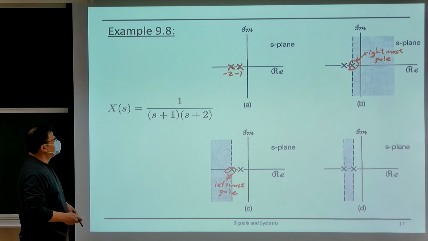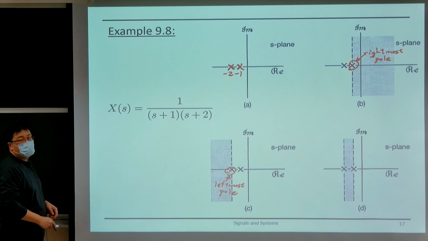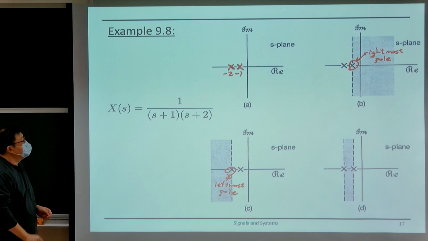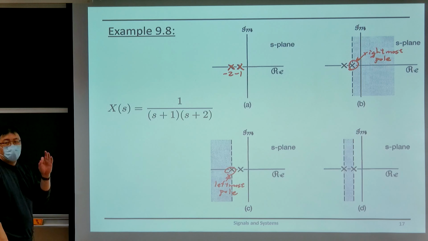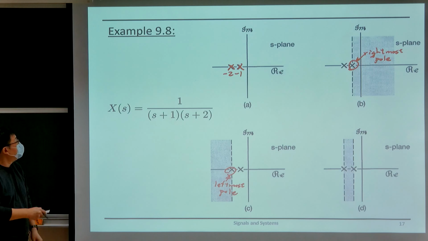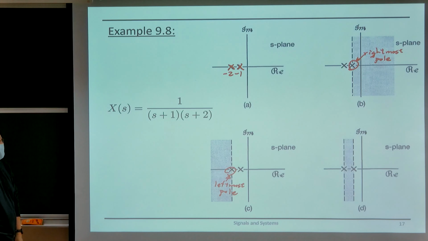Looking at this, you can obtain the poles, and given the poles, you know that there are only 3 possibilities corresponding to this Laplace transform. Now, if it looks like this, which has an ROC that is the right half plane, then you know that the time domain signal must be right-sided.